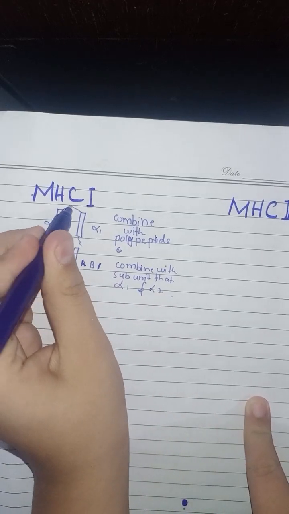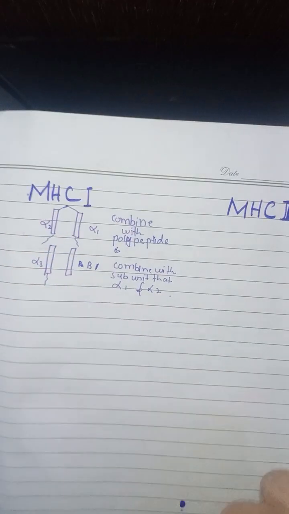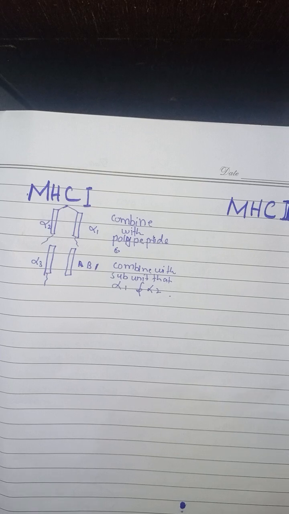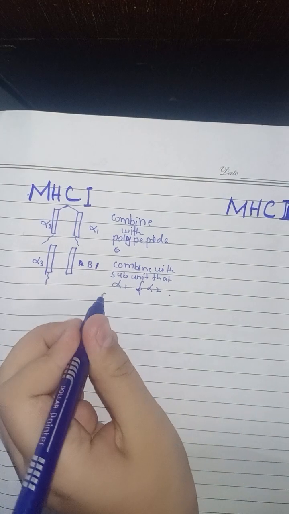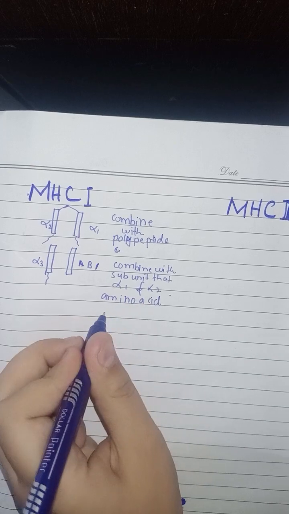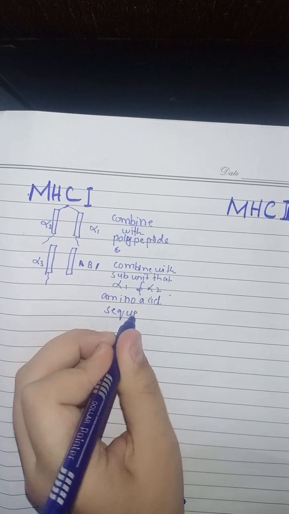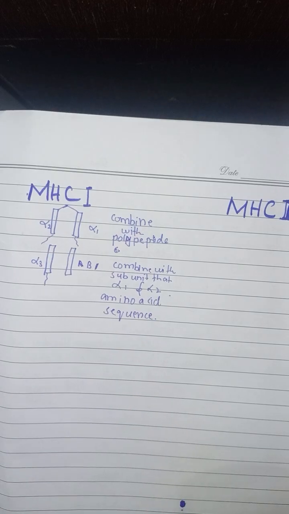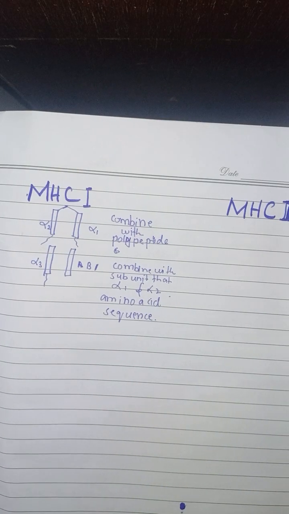Here these will combine on the alpha 1 and alpha 2. Okay, so these are the amino acid sequences. Hopefully till that is clear.